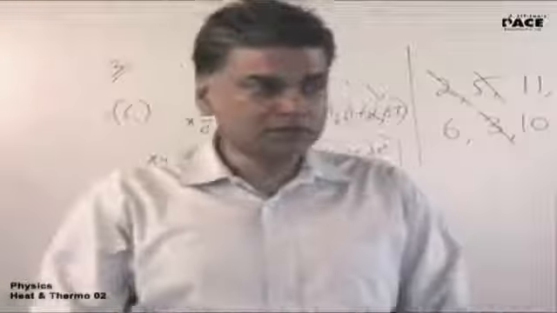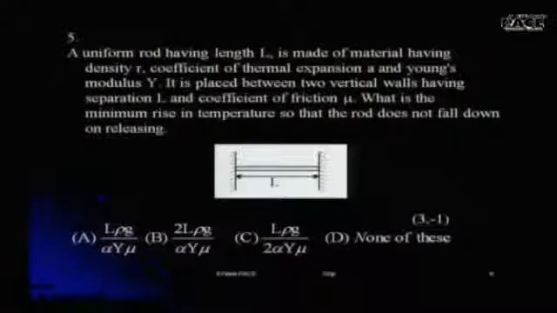The fifth question. See, the rod, if it expands, the wall is going to prevent it from expanding. How much is the stress on the rod? Stress will be what we have done earlier. The stress is F by A, which is equal to Y alpha delta T. Now look at the board.